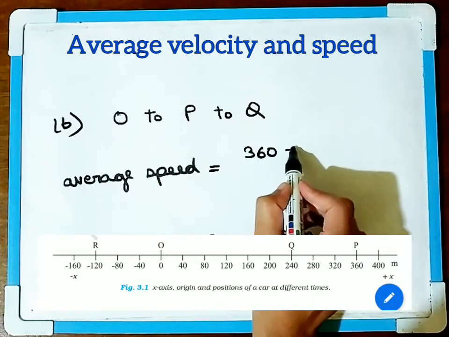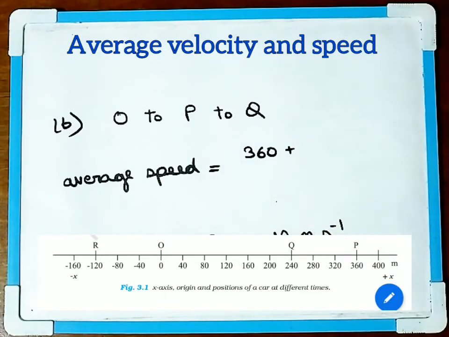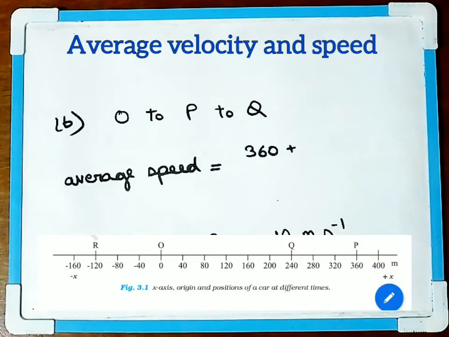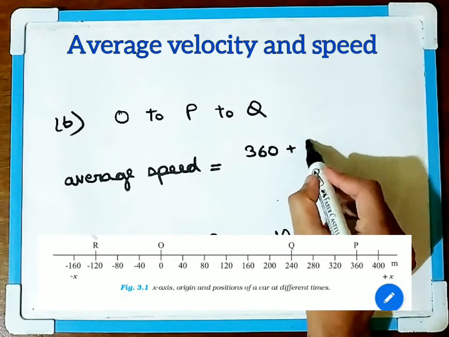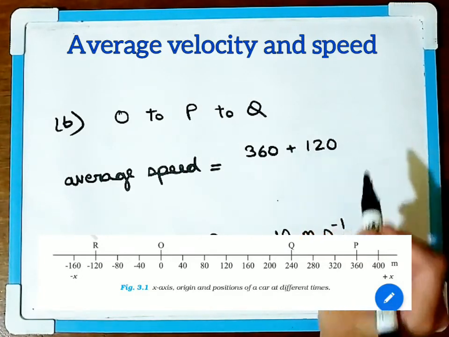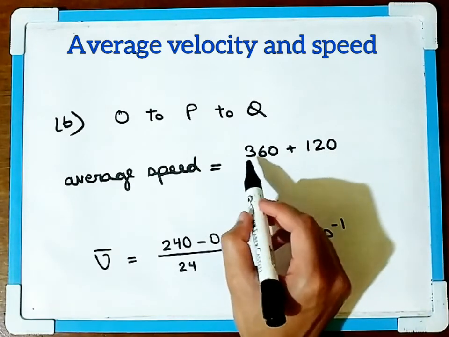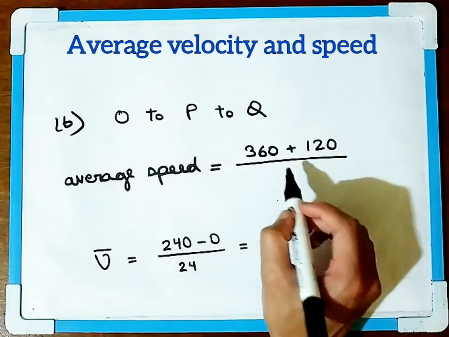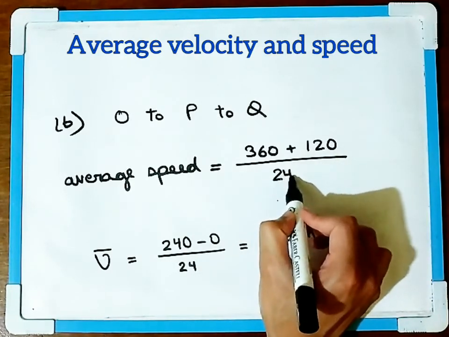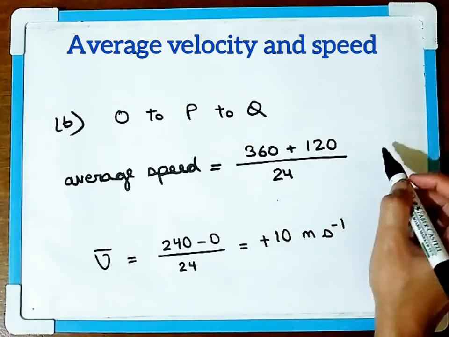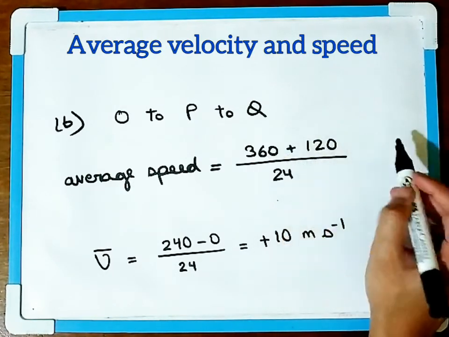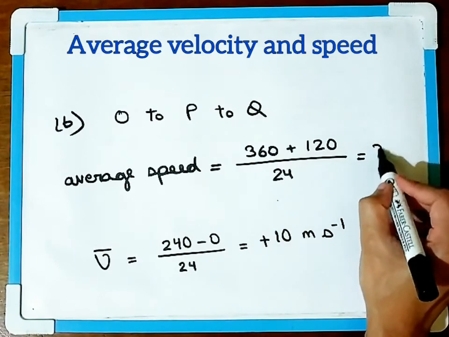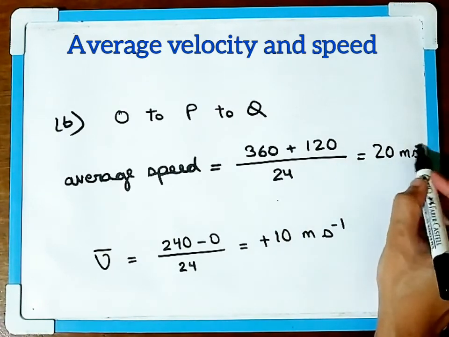And then from P to Q, it will be 360 minus 240, and that will be equal to 120 meter. So this will be the total path length, divided by the time interval, again 24 seconds. So if you add this and divide it by 24, what you'll get is 20 meter per second.